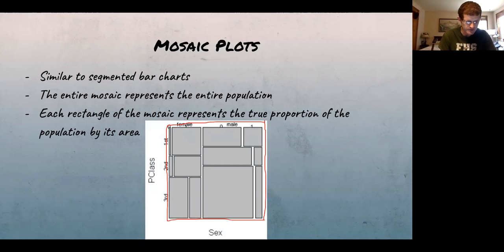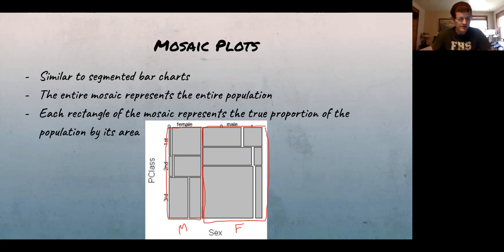And you'll notice right here we've got almost like two bar charts, or sorry, two bars. That's why it's like a segmented bar chart. The left is male, the right is female, and that's how we split it first.